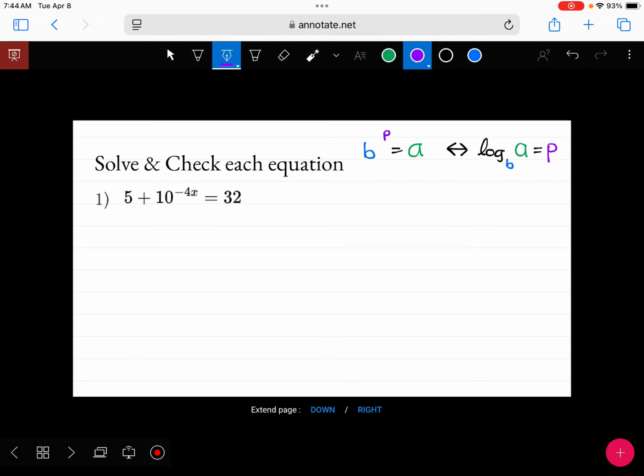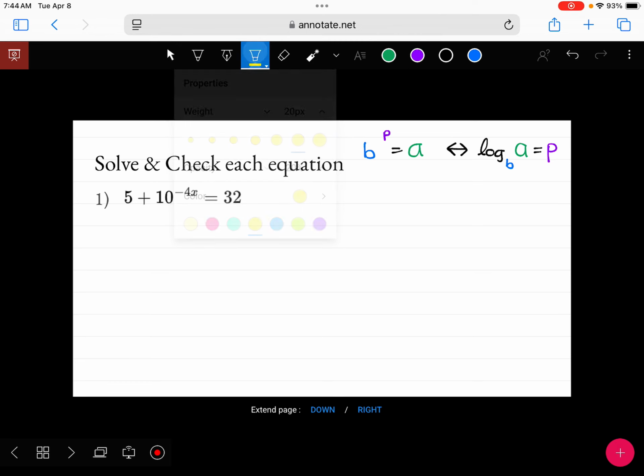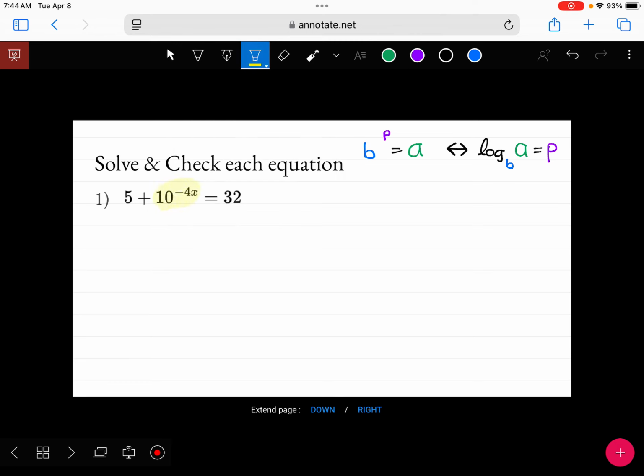Shock. I know. But in order for us to be able to switch things from our exponential form to get our power by itself, I need to have just the one piece over here. So what can I do in order to get my guy that's got the variable, this guy, all by himself?